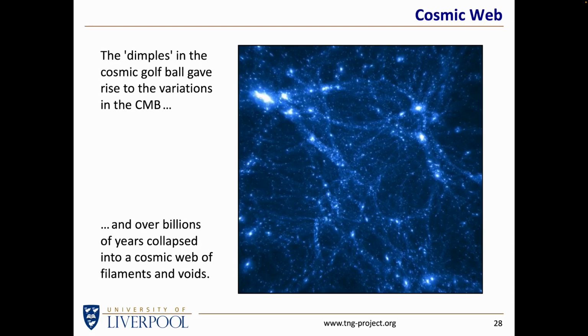They're not uniformly spread, they are clustered together. There are occasionally filaments, there are occasionally voids where there are very large regions where there appear to be very few galaxies in existence. And according to these computer simulations, this is precisely what we expect if we start with a cosmic golf ball in which there are very small variations in density and we let gravity take hold.